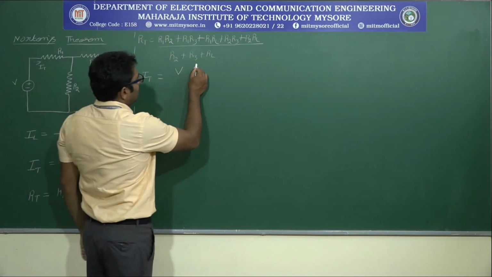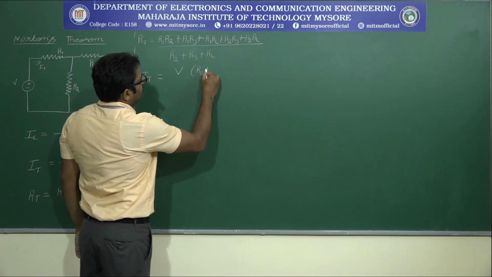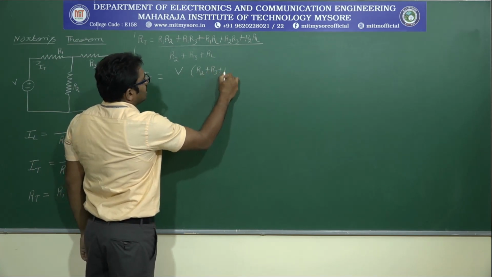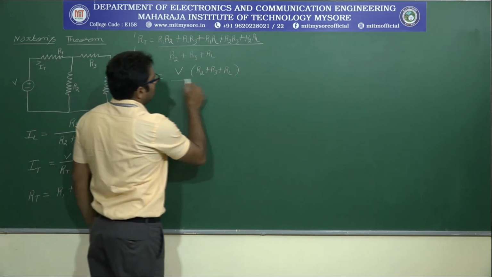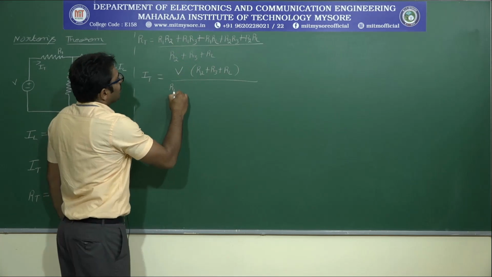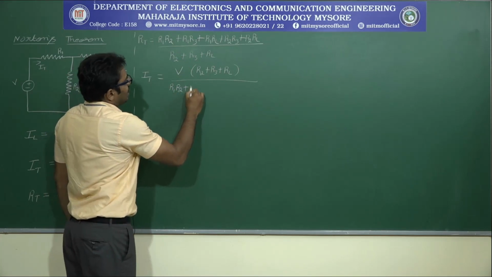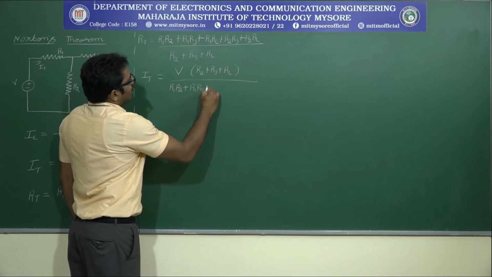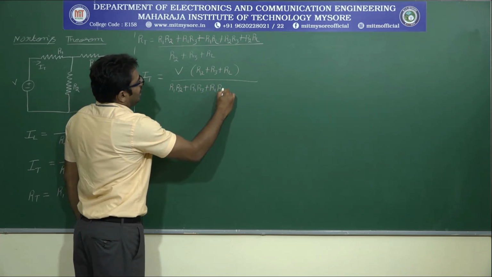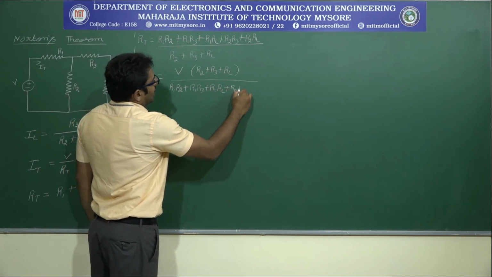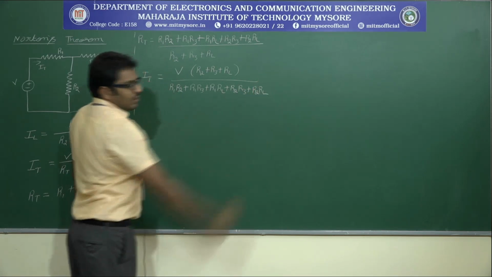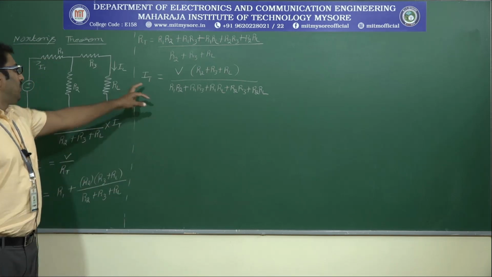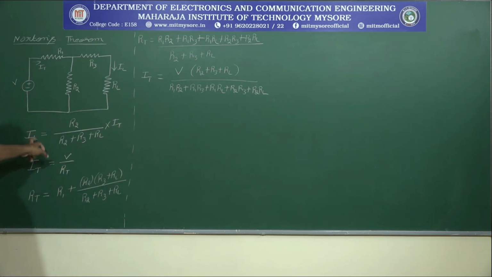By rearranging this equation, I am directly writing IT is equal to V times (R2 plus R3 plus RL) divided by R1 R2 plus R1 R3 plus R1 RL plus R2 R3 plus R2 RL. Next, after knowing IT, just substitute in the above equation and find IL.